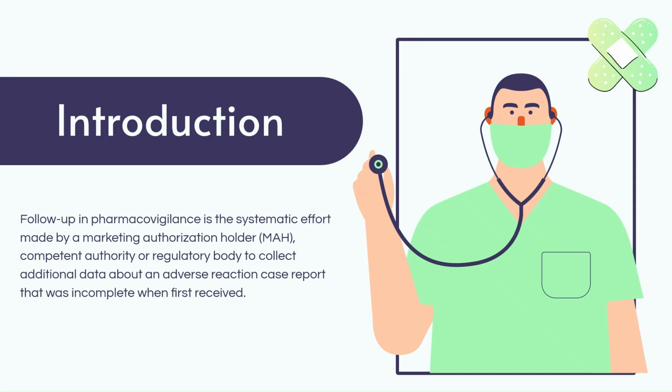EMA and FDA are related to particular regions, the European Union and the US. And a competent authority is a specific authority within a country that is legally designated to carry out regulatory tasks.